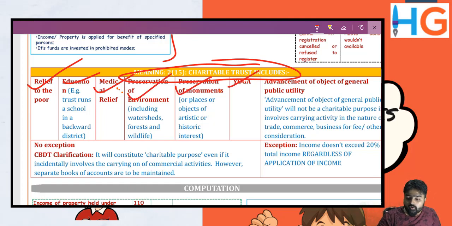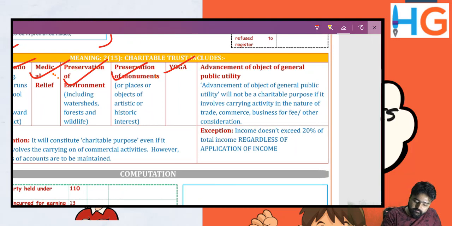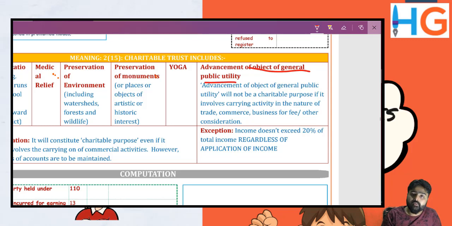Now there's a residual clause known as advancement of objects of general public utility. It does not specify the activity, but it provides for objects of general public utility. There's an exception to this clause: if a person is carrying out an activity of general public utility, it will be considered a charitable activity.